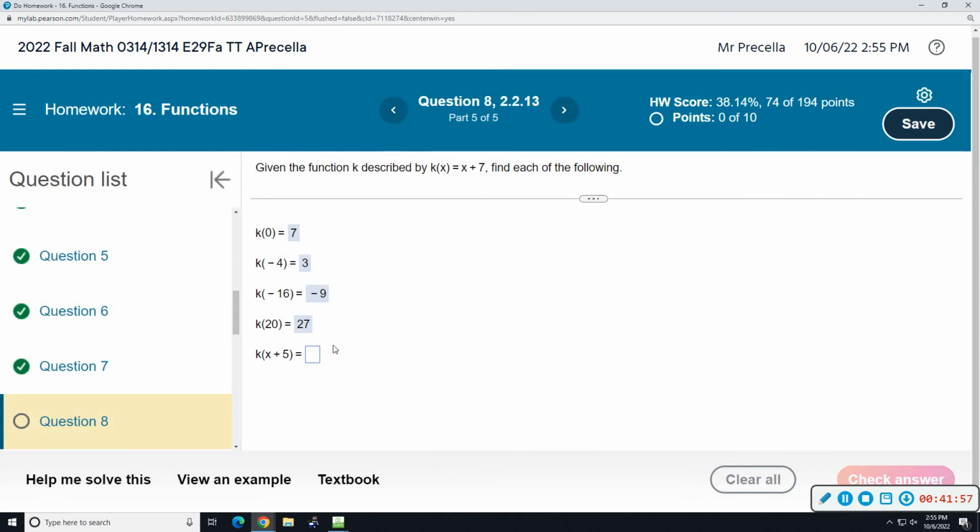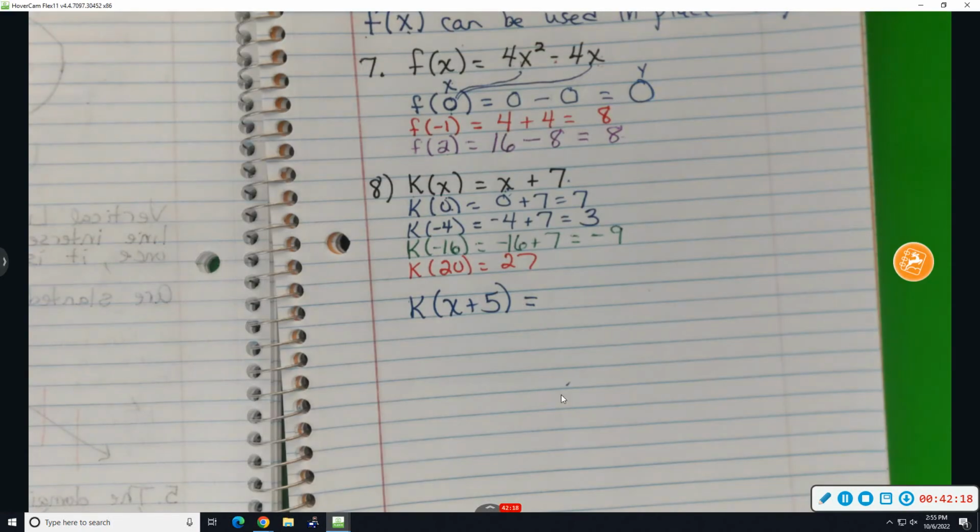Okay, now this one I'm going to write down. This one is incorrect. It says find k of x plus 5. You write it down. The moral of the story so far is whatever's in the parentheses, you plug it in for x. So would it be x plus 5 plus 7?